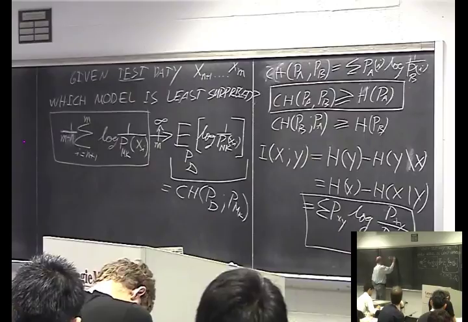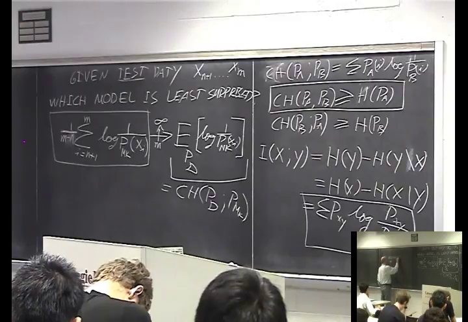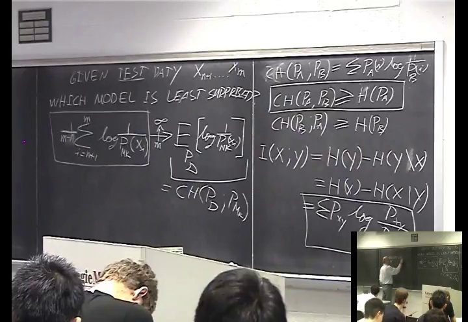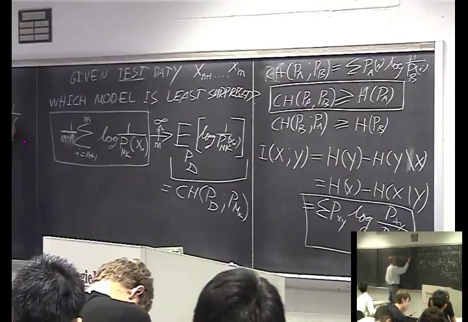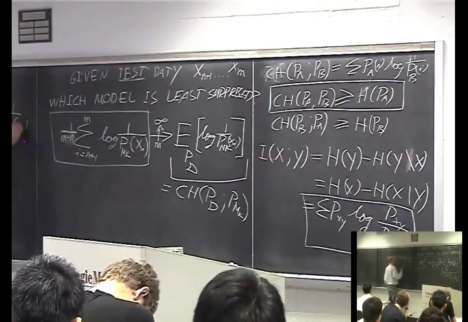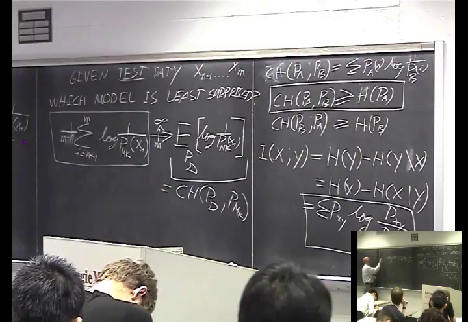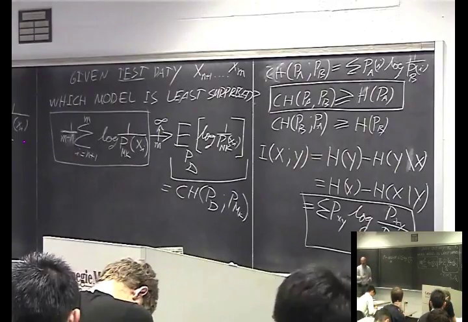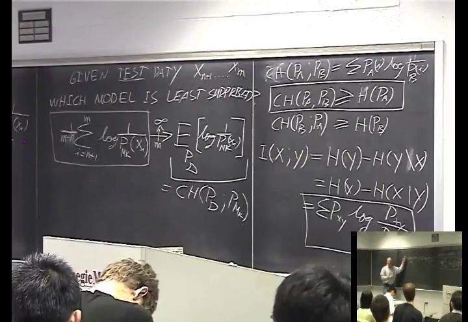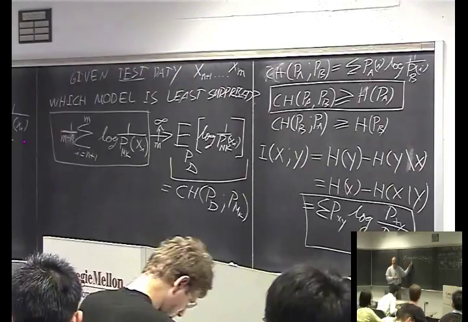So this is argmin over all models k of 1 over m minus n, sum of log 1 over p sub m sub k of x_i. And by argmin, I'll call it k star. So k would be the index of the model that wins the competition. K star is a standard way of denoting who's the winner. And the winner is the one model that minimizes this expression.